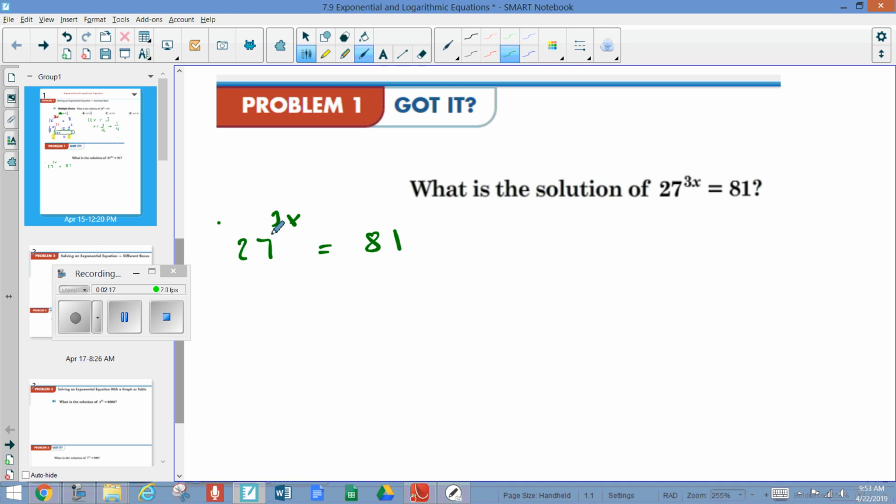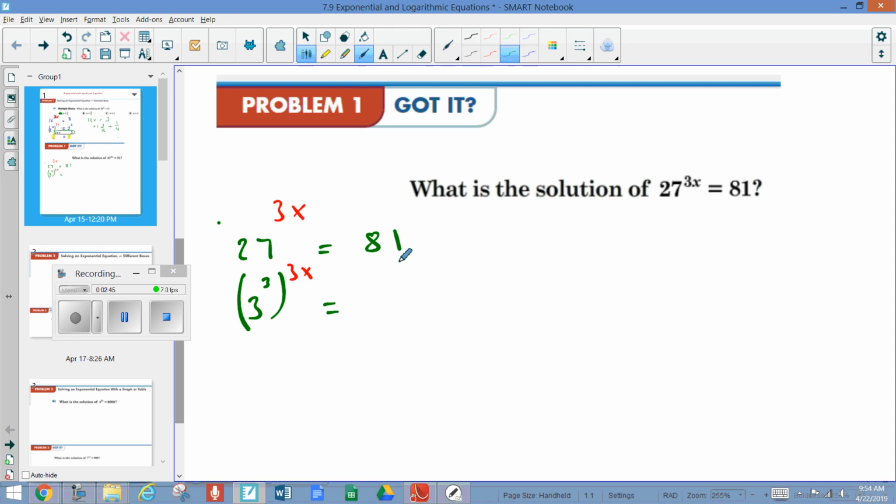So 27 is equal to 3 to the power of 3, to the power of 3x. Okay? Did you understand this?